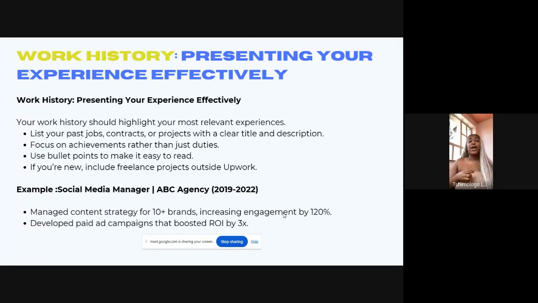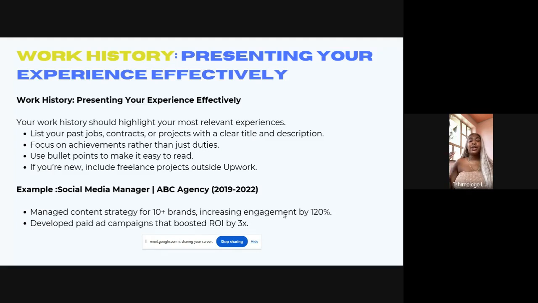But since they've now added this feature that allows you to add your work history, so things that you've done outside of the platform that also speak to your skills, which is basically what your work history is, what your experience is, it is also a field that I would advise that you use to the maximum. As much as I've said, in the bio and in your video, keep it short, keep it concise. In your work history, especially if you haven't done anything on Upwork yet, be as detailed as possible.